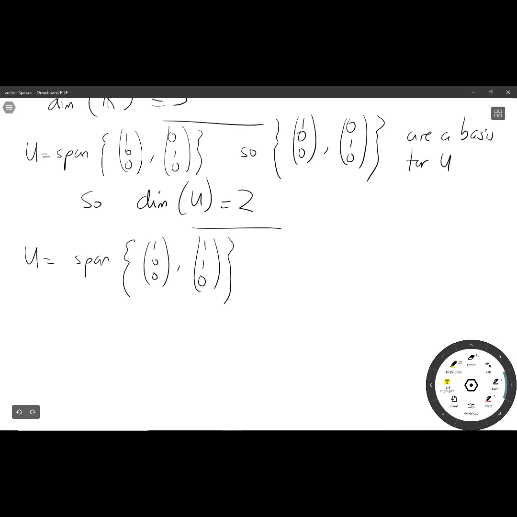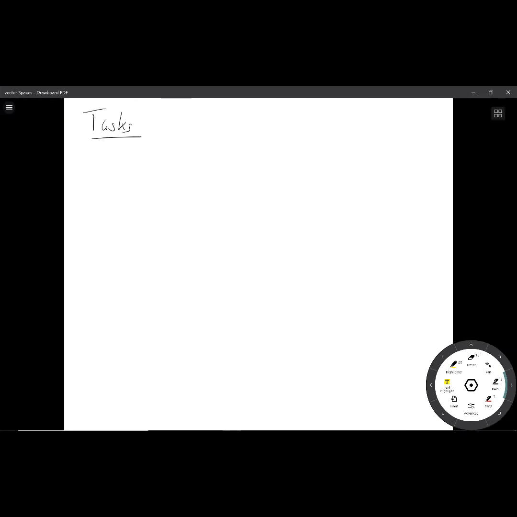Those two vectors also can create any point in U. So an alternative basis is 1, 0, 0 and 1, 1, 0, and they're both bases for U. But of course, any alternative basis must have the same number of vectors in it, because that's the dimension of the space, and it's fundamental to the space. So here are 3 tasks for you.